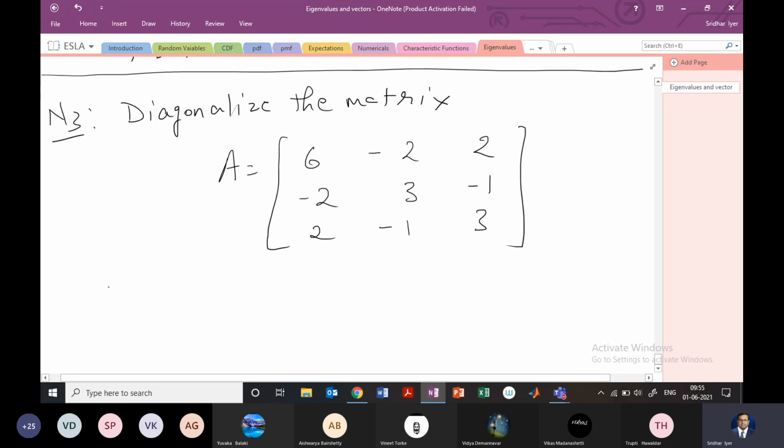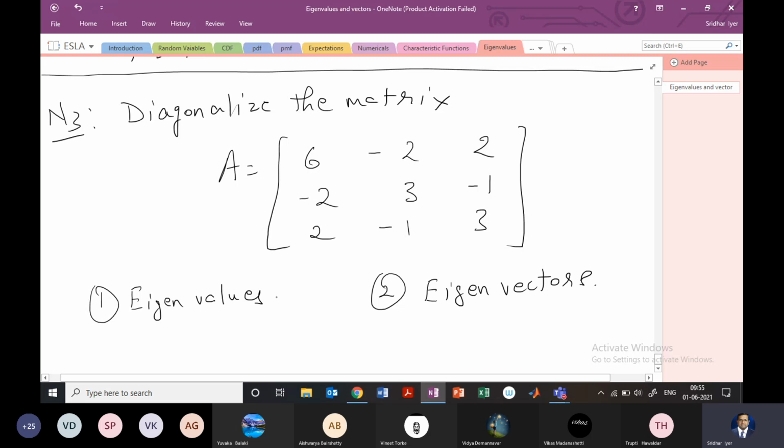So this is the matrix. Don't worry about diagonalization; in tomorrow's lecture I'll tell you how to do it. What you need to do is first find the eigenvalues, and second find the eigenvectors.